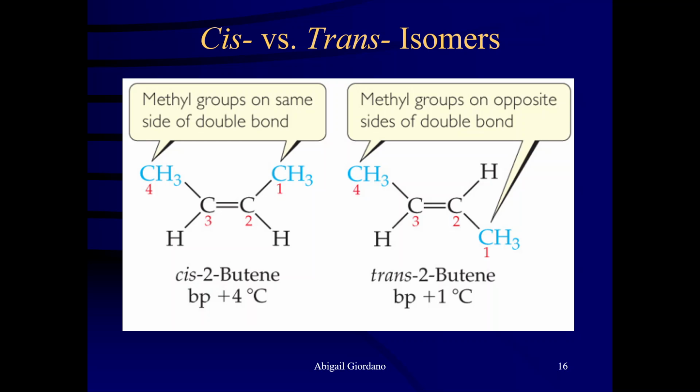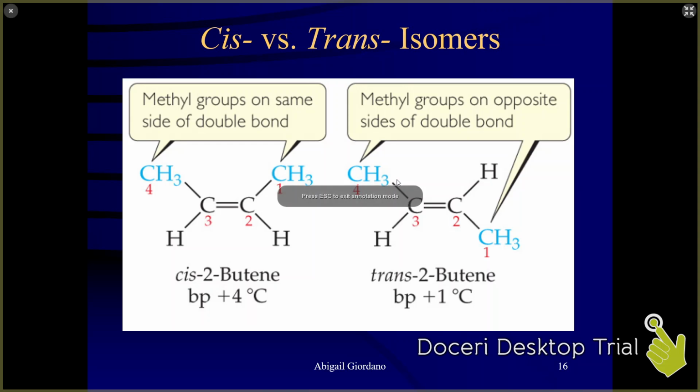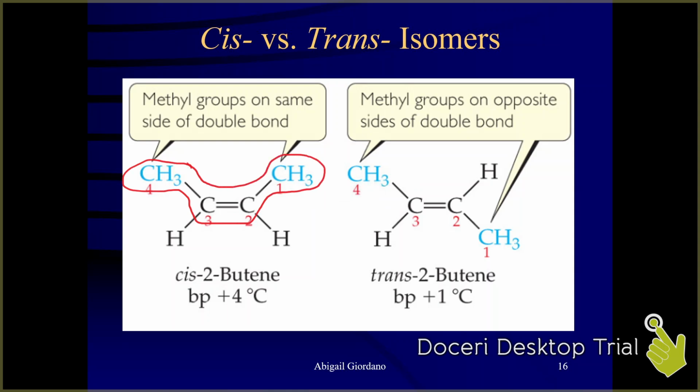However, look at the difference. Okay, let's look at where the ends of the carbon chain end up. Both of these structures on left and right have sort of this X shape to them.